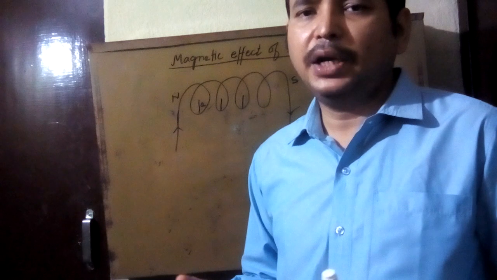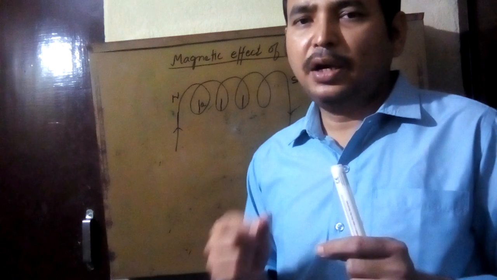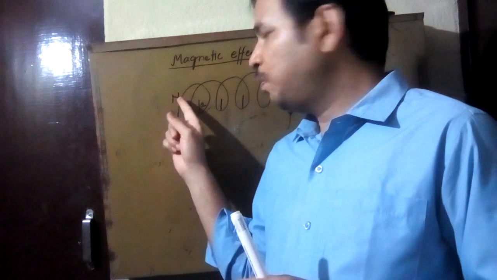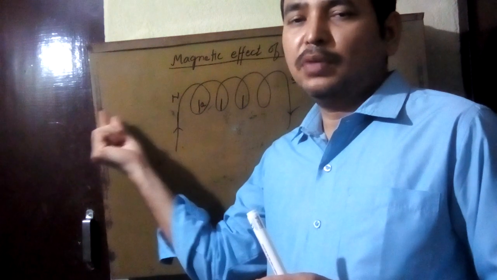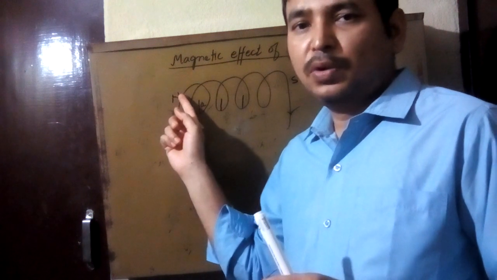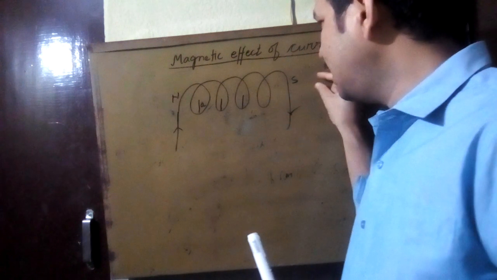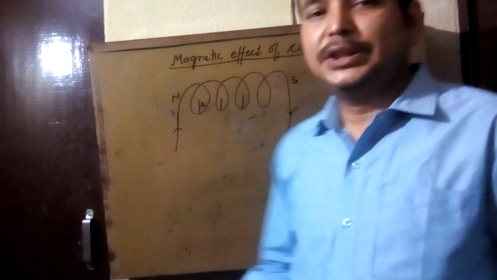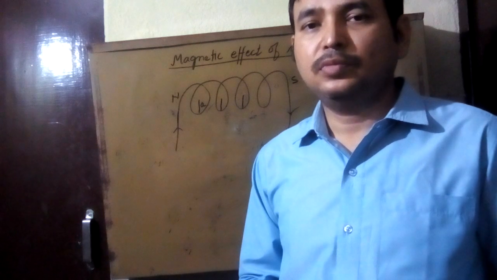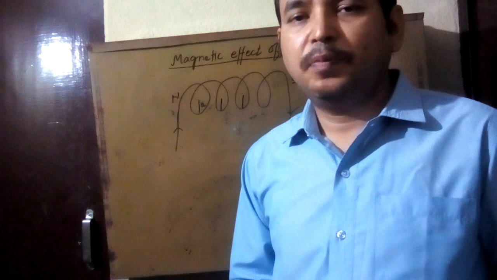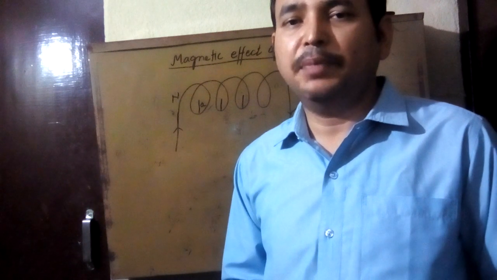Generally, you bring one magnet near the current carrying solenoid. Suppose you bring a north pole at this end. Suppose it is repelling, so this will be the north pole. When you bring this north pole here, suppose it is attracting, so this will be the south pole. So it is seen by experiment that a current carrying cylindrical coil behaves like a magnet.